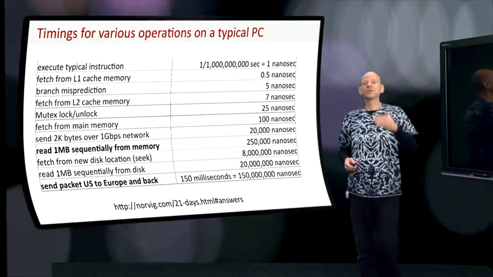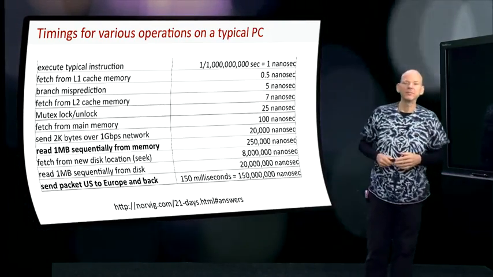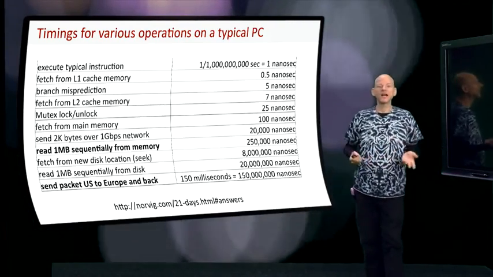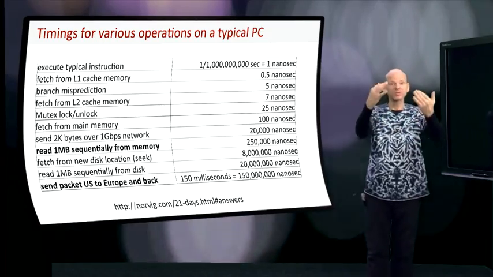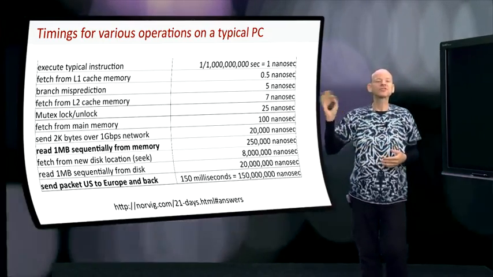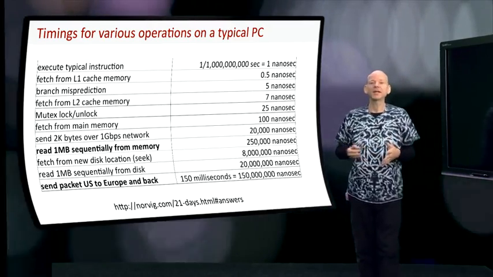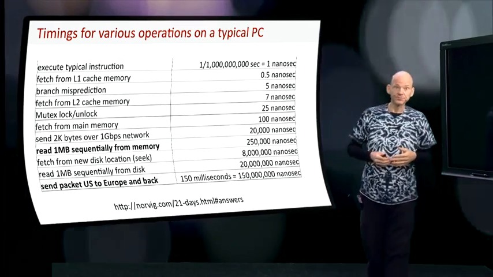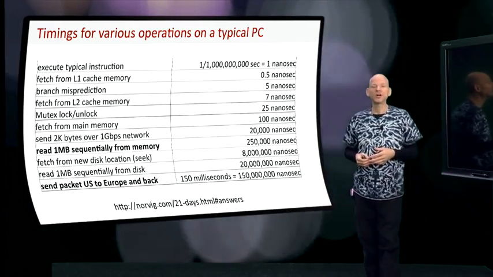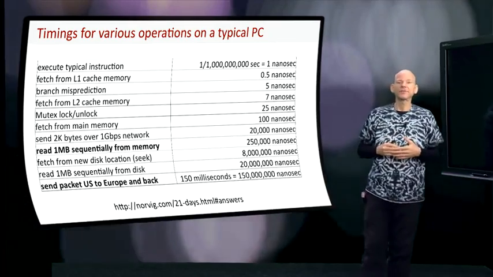All right. So a typical instruction takes 1 nanosecond, but let's look at this. Reading from memory takes 250,000 nanoseconds. And sending a packet from the US to Europe takes about 150 milliseconds.